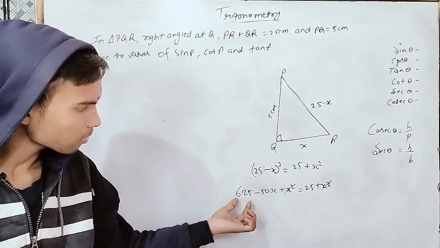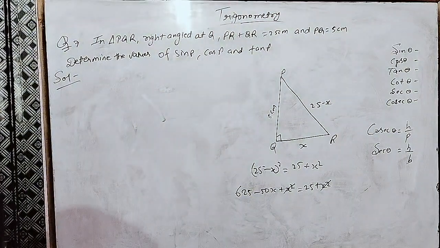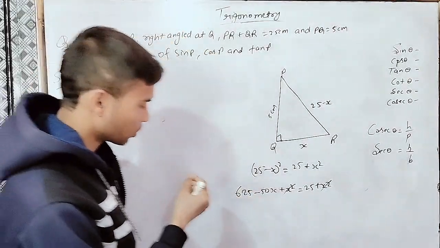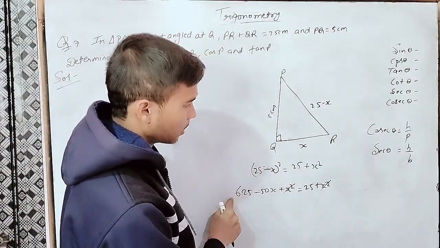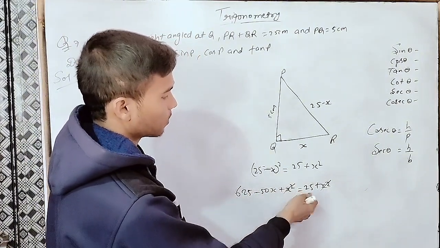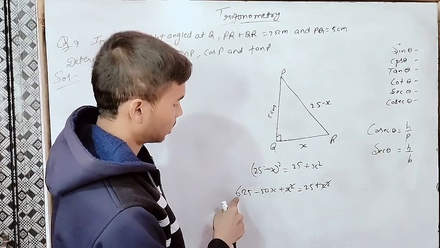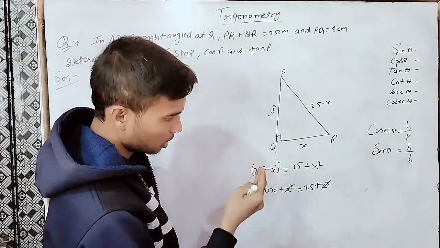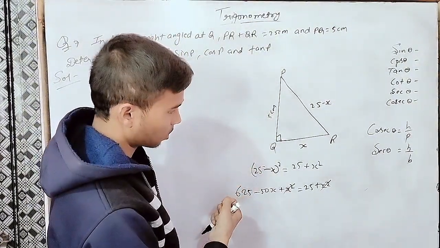Now this is correct. Just look, 625 is on the plus side, 25 is on the plus side, so this will go to the other side and become negative.